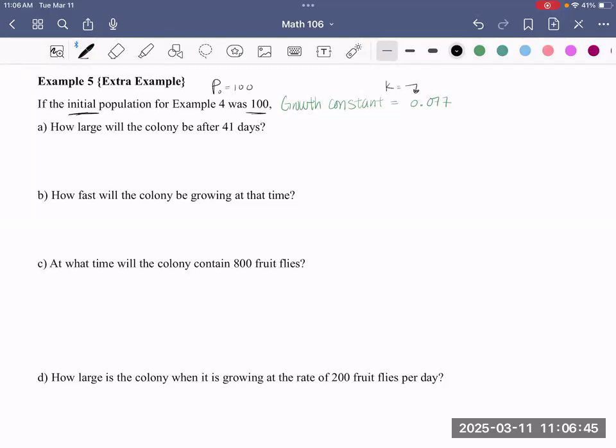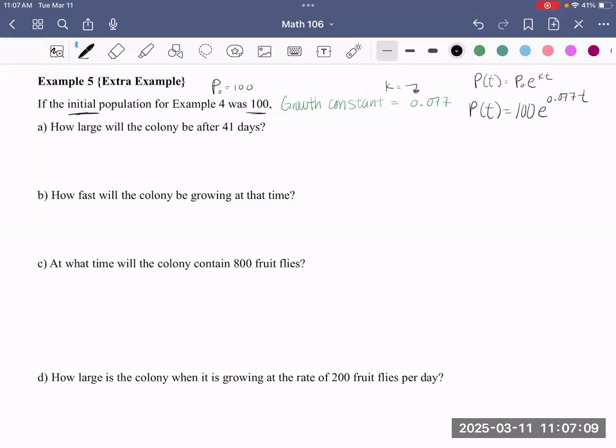Now, keep in mind, typically we have the form P of T is equal to P naught e to the KT, in which case we are given everything that we need. We have P of T is equal to 100 e to the 0.077 t. So we're going to be using this formula for the duration of your questions.